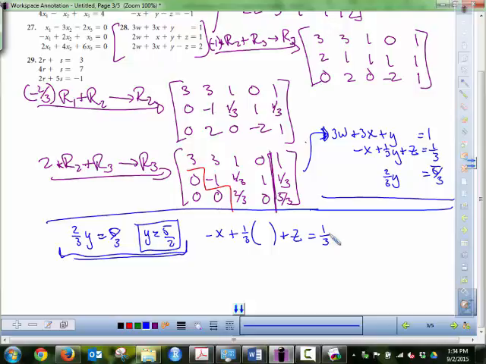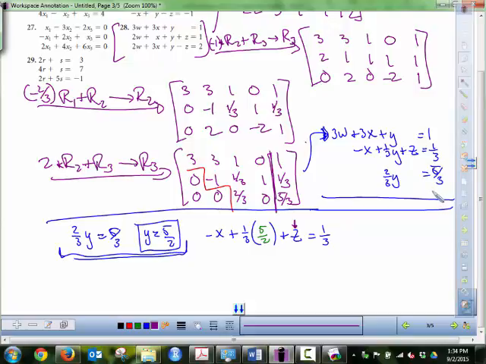We didn't find a value for z, did we? So, anyways, I have value 5 halves here for y. I don't have a value for z, which is weird because that's my last variable here. That's the first one I should have solved for, but that didn't come up in my bottom equation.